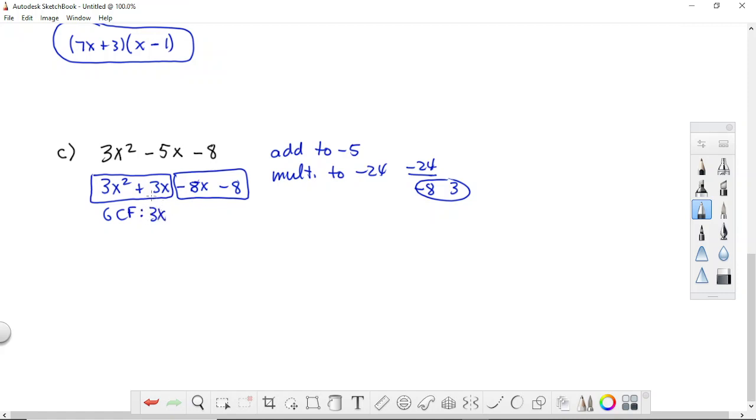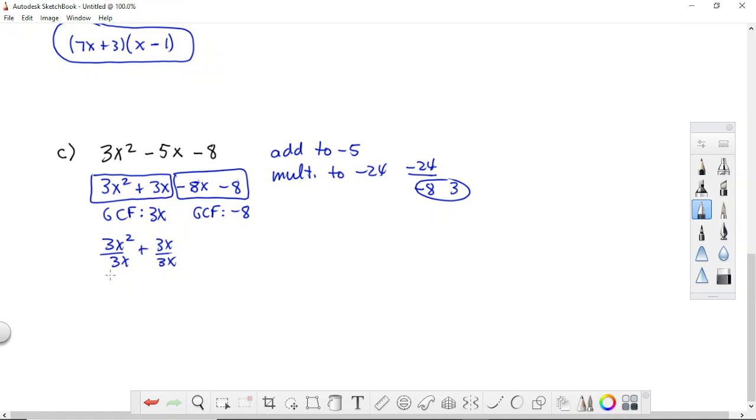We can take out the number 3 and an x from both of those. Here, we can take out negative 8. So, let's see what we get. 3x squared divided by that 3x plus 3x divided by 3x.